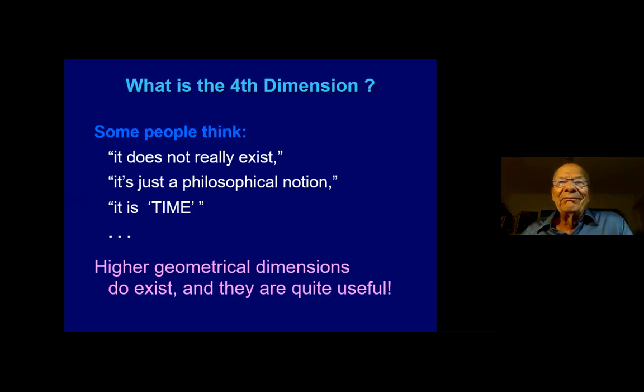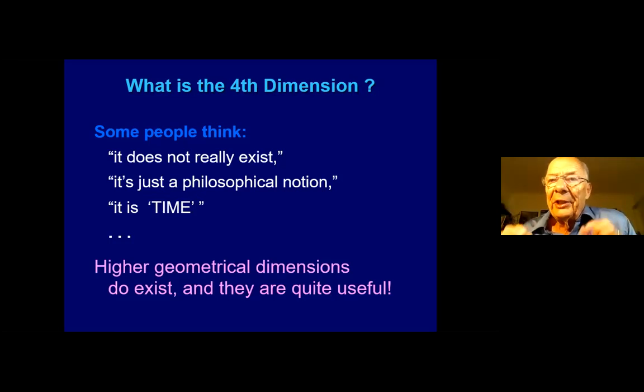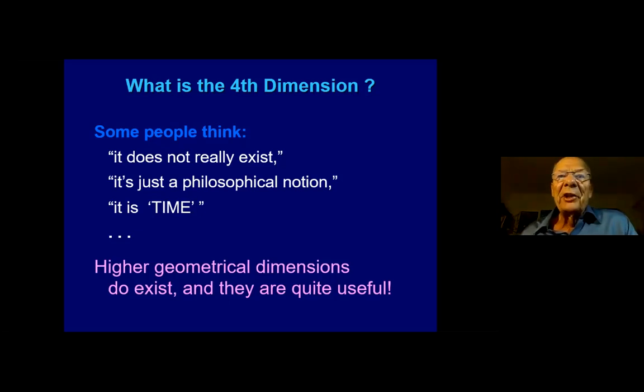Some people think it doesn't really exist, or it's just a philosophical notion. Some people think it is time. But higher geometrical dimensions do exist, and they are quite useful. But you need to use your mathematical thinking to enter that particular domain.